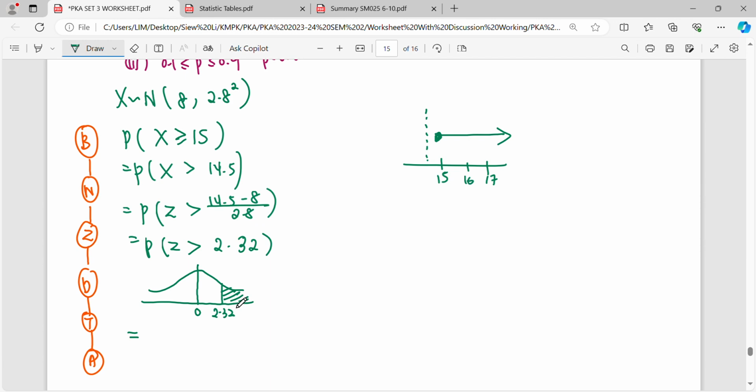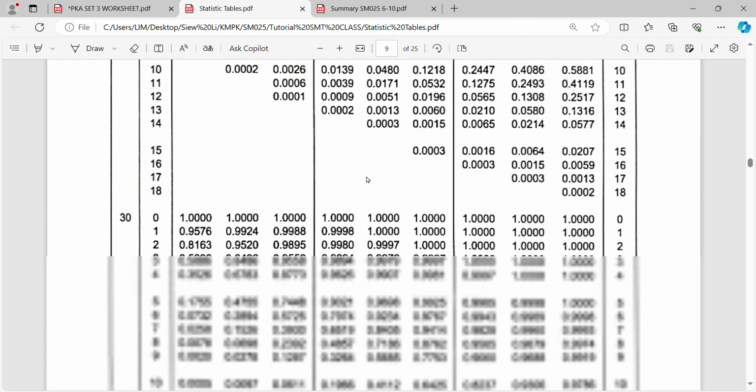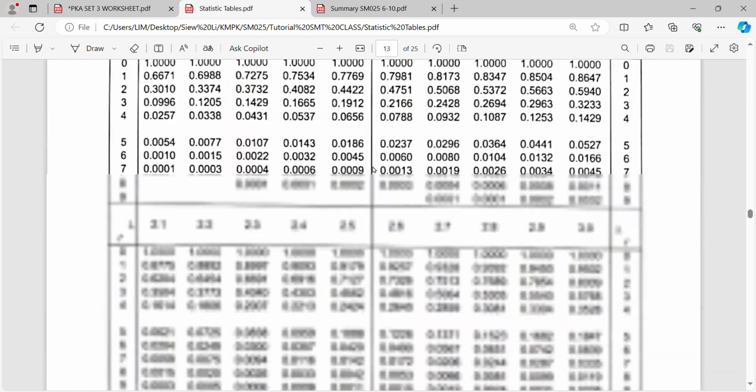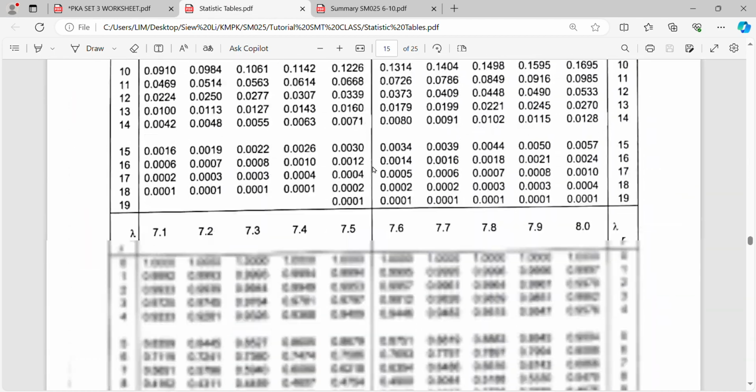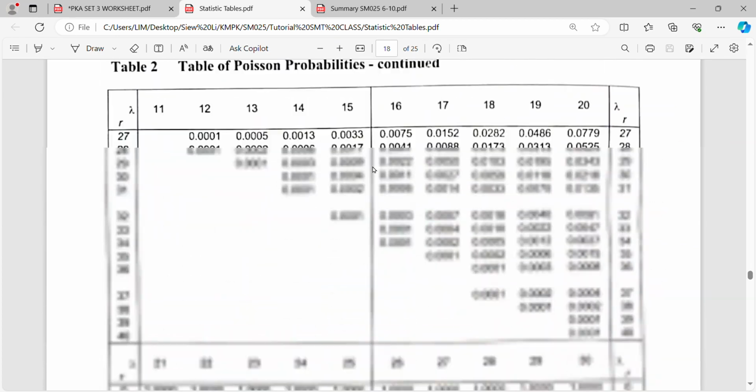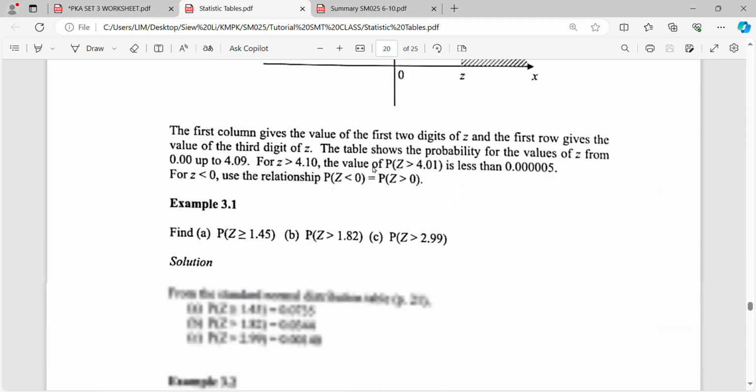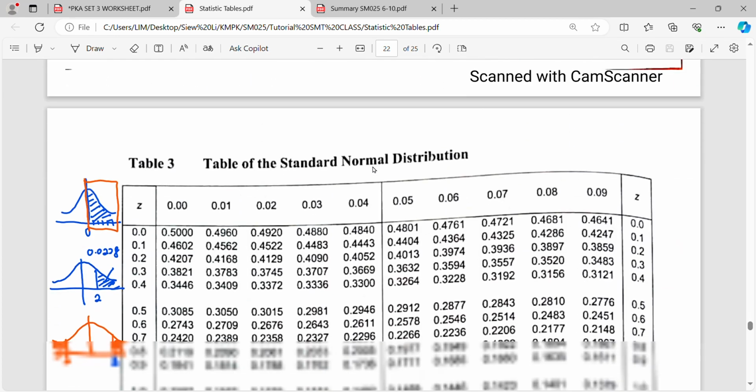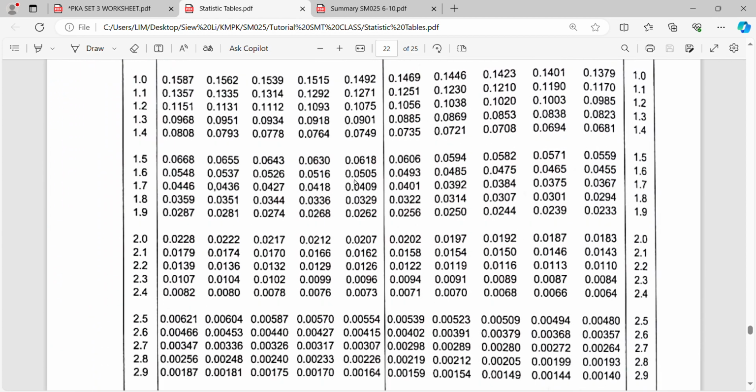Whenever the region that you want is on the tail side, you can read it directly. So find 2.32 from your standard normal table, which gives 0.0102.